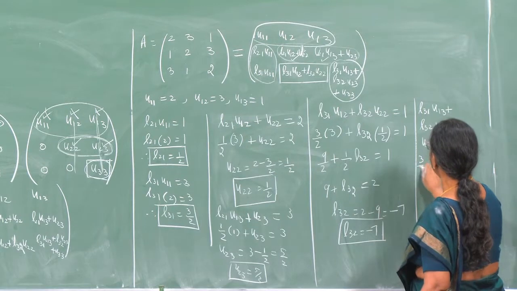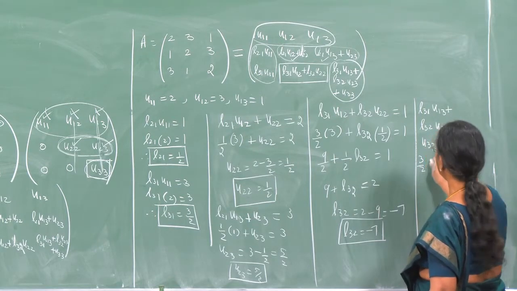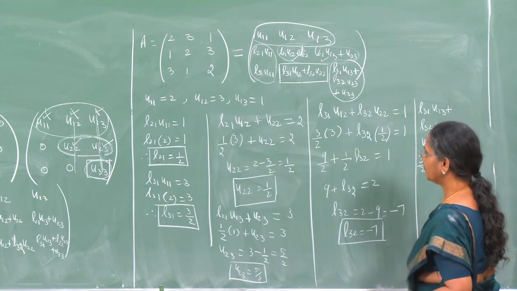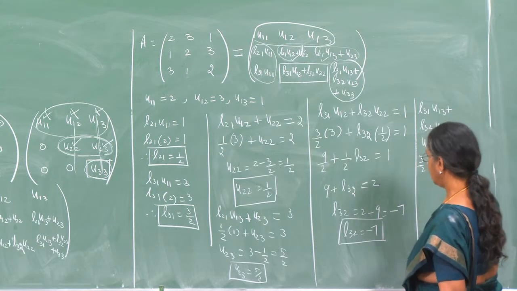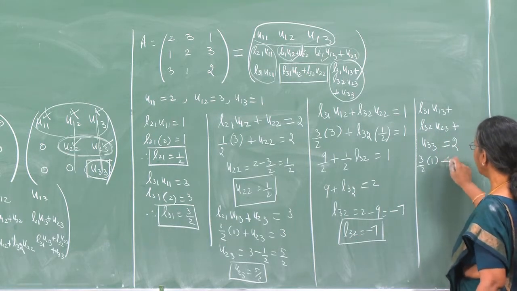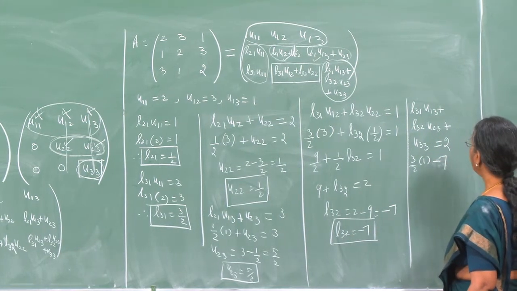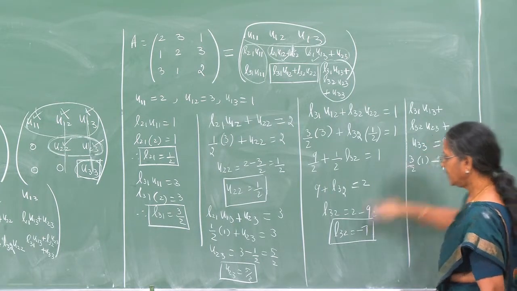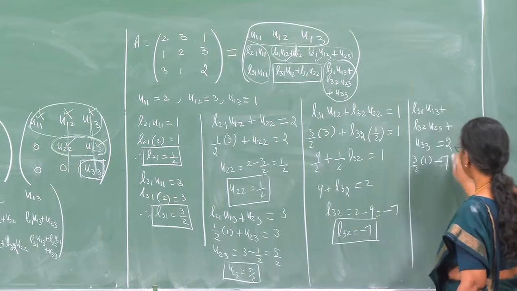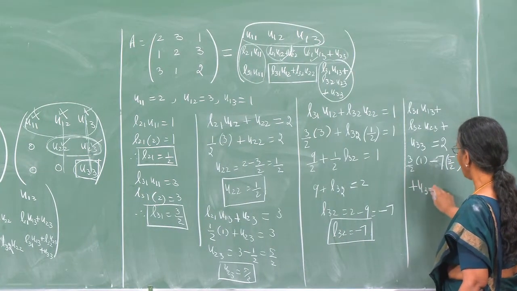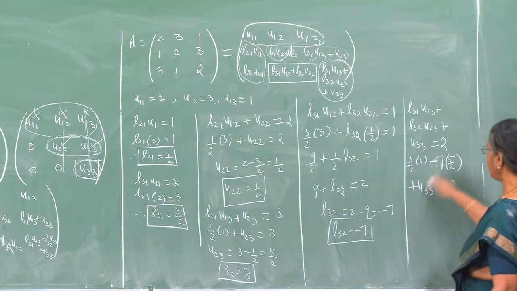L31 is 3 by 2, U13 is 1, L32 is computed by us just now, and that is minus 7 into U23, that is computed as 5 by 2, and U33 is not known, and that must be equal to 2.